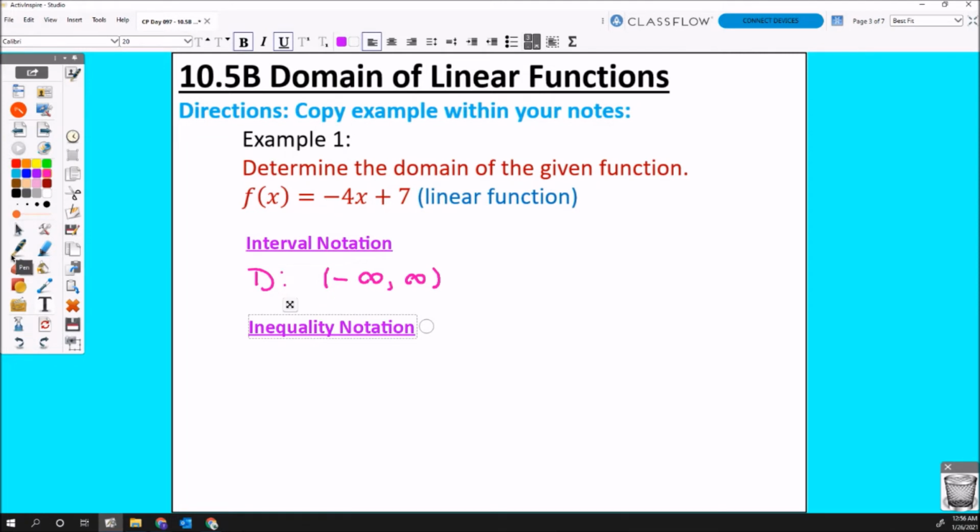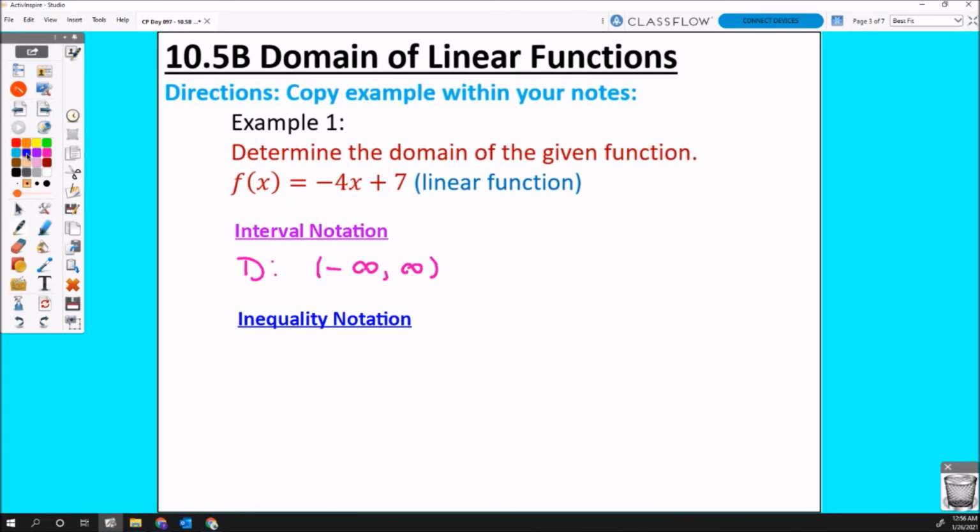Now this one, if it's all real numbers, meaning if it's from negative infinity to positive infinity, then when I write my domain, and again, I'm going to be using the letter D to symbolize domain, I would just simply write D. Then the symbol for all real numbers is two lines and then an R. This symbol represents all real numbers for inequality notation.